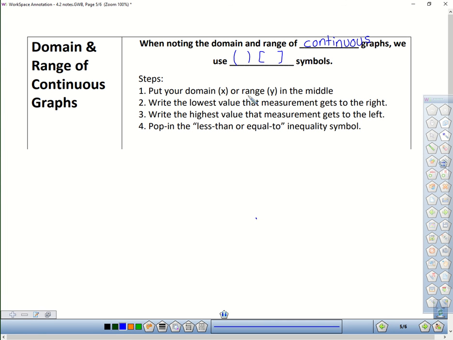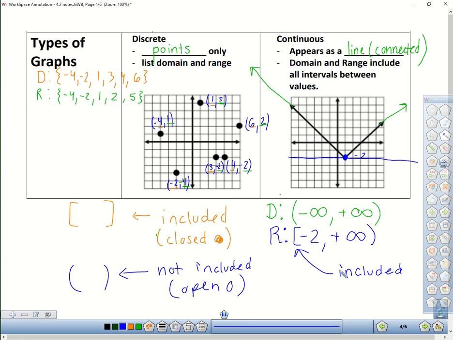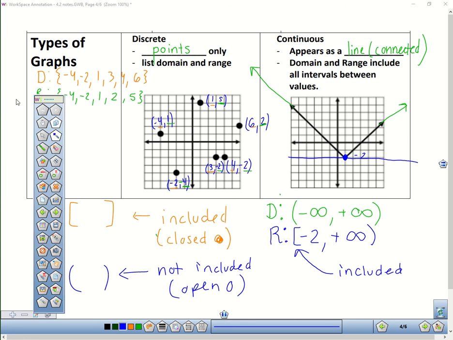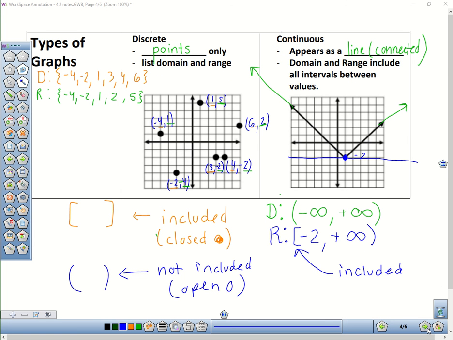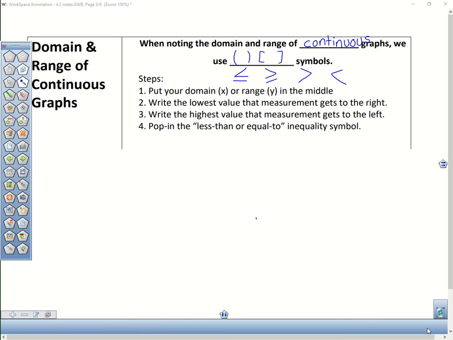So the steps are to put your domain and range, y value in the middle, write the lowest. You can use these values, but you can also use inequalities as well, so we'll talk about that too. I'm going to write this with an inequality as well, the range and domain. We'll do it on the next one.